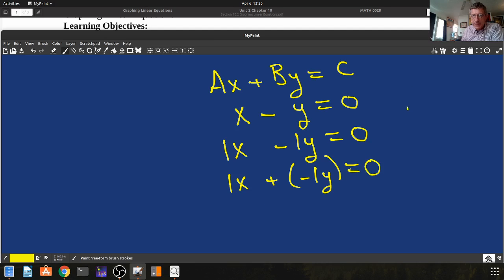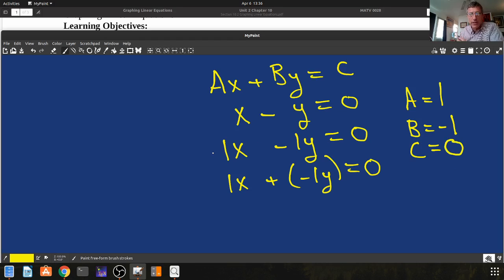So it's easy to see that a is equal to 1. b is the coefficient of the y variable, b is equal to minus 1. And c, we were using x minus y is equal to 2, but I forgot and I wrote down 0. It doesn't matter. c is equal to 0.